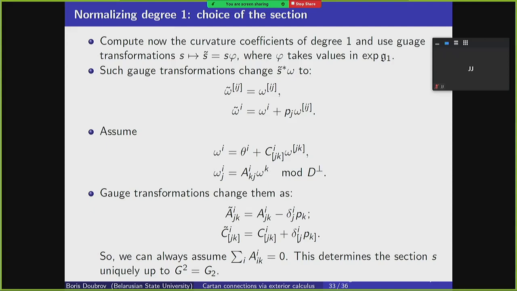The choice that we made some time ago was to kill the trace of these coefficients A, I, J, K. So we can always assume that it's trace free, and this will determine our section uniquely up to degree G2.